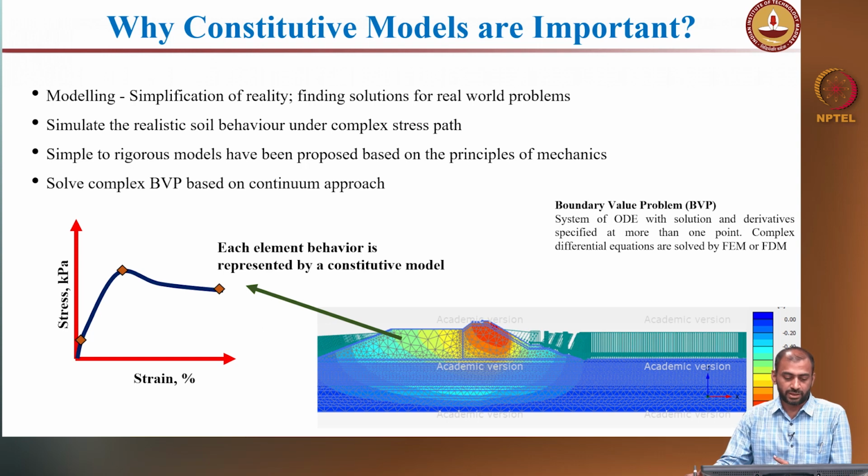So, we are trying to make it simplified and to solve some real world problems. The models which we choose can be very simple, and can also be complex, in a wide variety of ranges. So we need to choose an appropriate model based on our requirements.